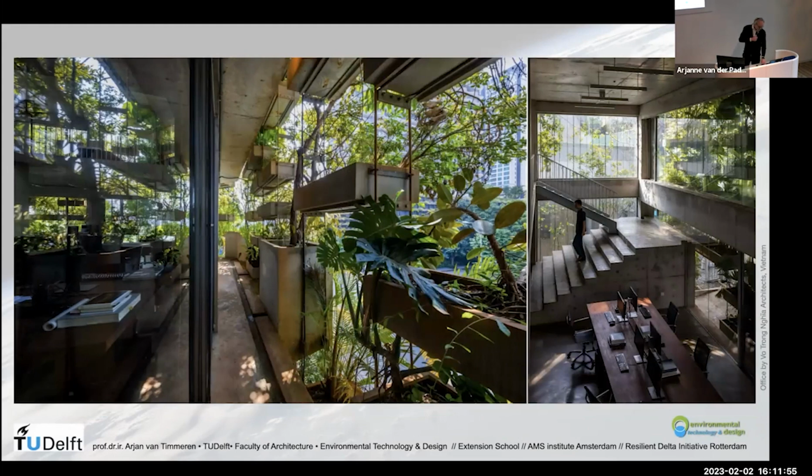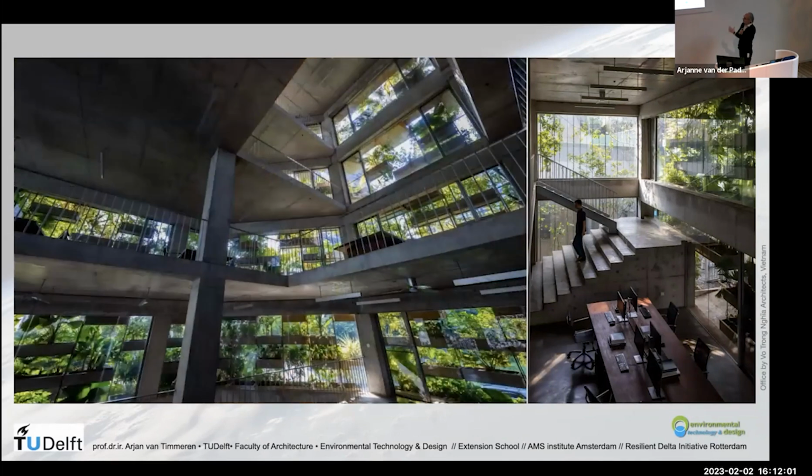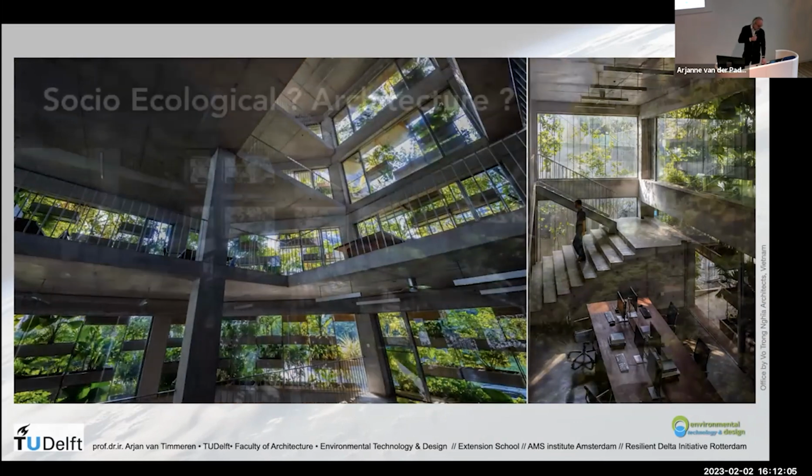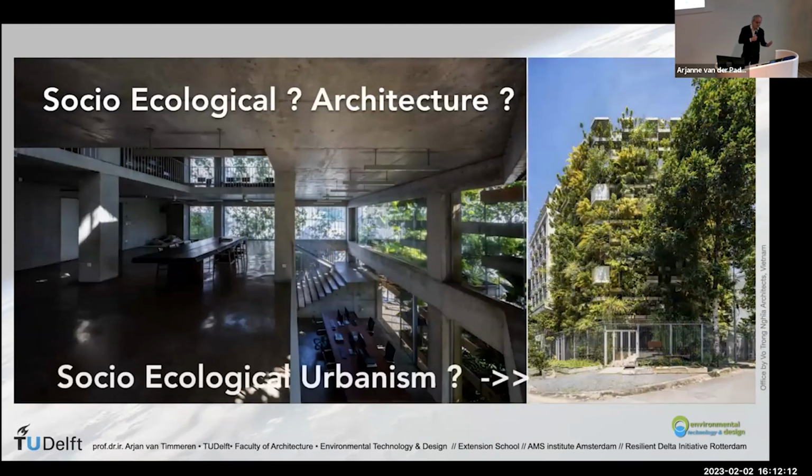But I wanted to show you this for another reason. This is in Vietnam. A beautiful architect's office with green integrated in the facade, as you can see. But then, is that social-ecological architecture? Or is it social-ecological urbanism? Because look outside, the fences.